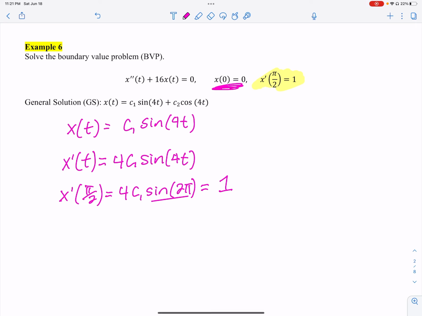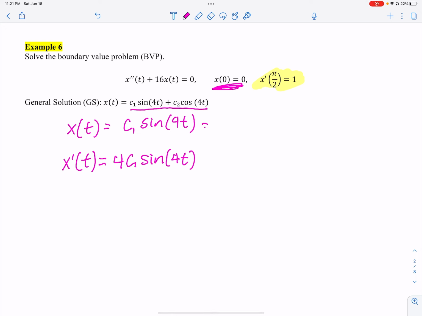Okay, well, I don't know if that's going to happen there. Sine of 0. Let's go back, and instead of considering our derivative there, let's go back to our other function, because I think we can grab something out of this. So if this is my x of t, let's write down all of it. And we were to plug everything in here. Let's do our derivative. Oh, I didn't even do my derivative correctly. That's why. This should have a cosine 4t, so we don't need to worry about this. We have 4 C1 cosine now, and we're not going to have a problem.